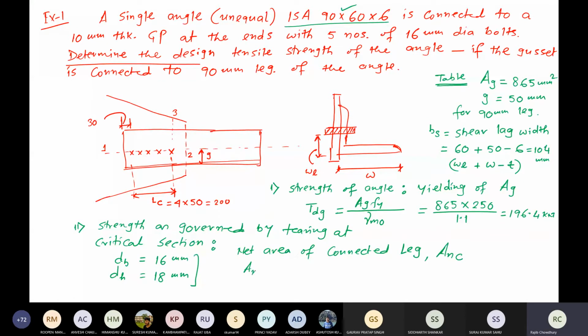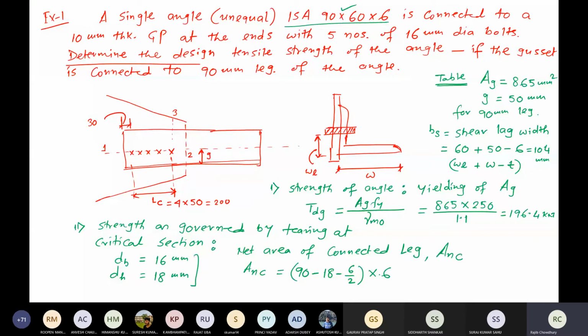How do we define the Anc? Anc could be defined in the way that the 90 mm longer leg has been connected. So 90 mm minus 18, minus t/2, multiplied by 6.